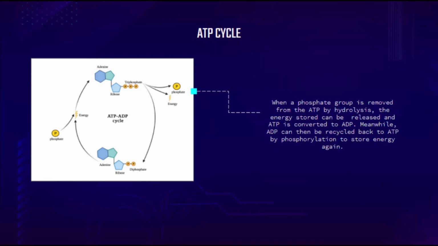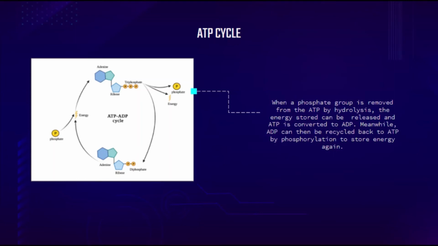If you look at the arrow from ATP towards ADP, you realize that when a phosphate group is removed from ATP via hydrolysis, the energy stored can be released and ATP is converted into ADP.